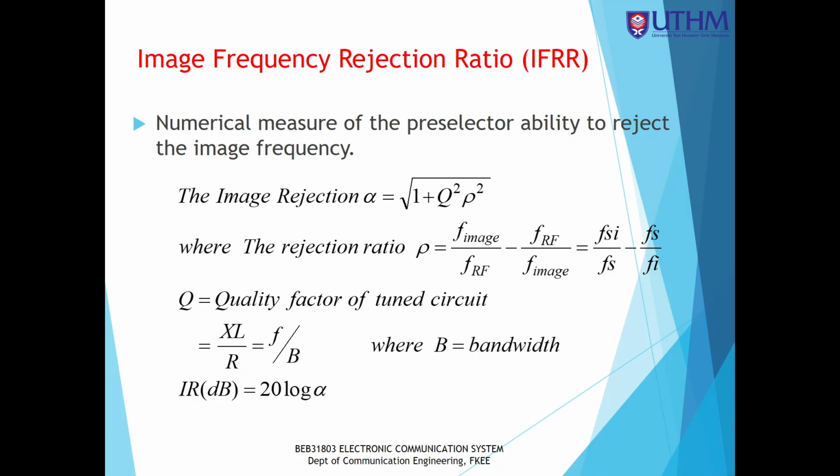Image frequency rejection ratio can be calculated using the parameter alpha equal to the square root of 1 plus Q square times rho square. Q is the quality factor of the tuned circuit, rho is the rejection ratio. I suggest you make a bracket like this so that you will not make careless mistakes.